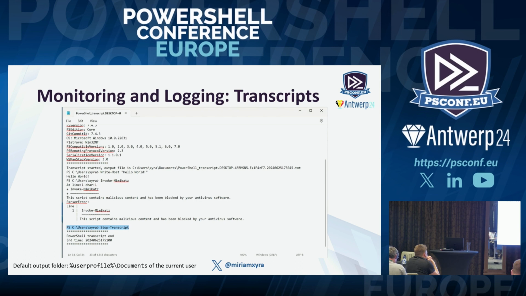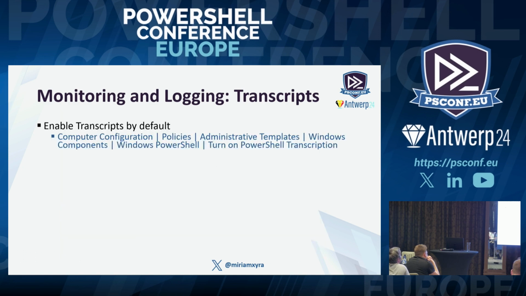And for transcripting, you can, of course, enable transcripts by default if you want to see everything that is happening on your systems. In this case, I recommend having a network folder that is only writable so that nobody can read from it, and use variables like computer name and stuff to know where it's from, so that you also have it easier when you sort the transcript files.